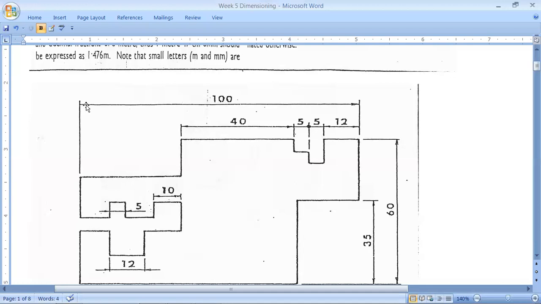The dimension line touches the extension line with an arrow. You're going to draw a closed, shaded arrow touching the extension line at both ends. This is recommended. Do not leave the arrow open at the end; just keep it closed, as it's the most standard.